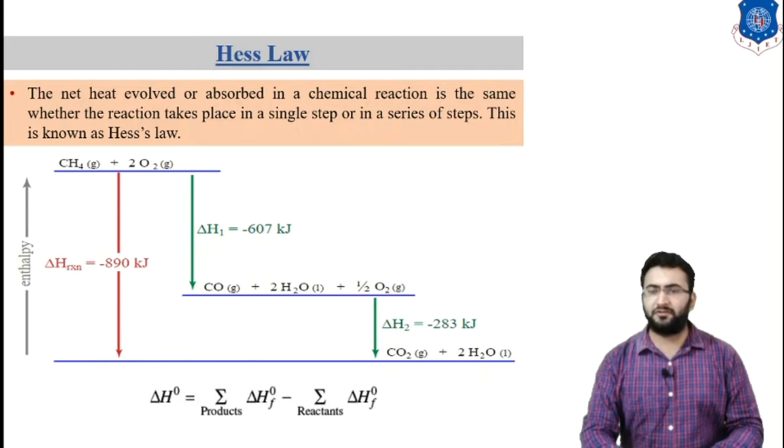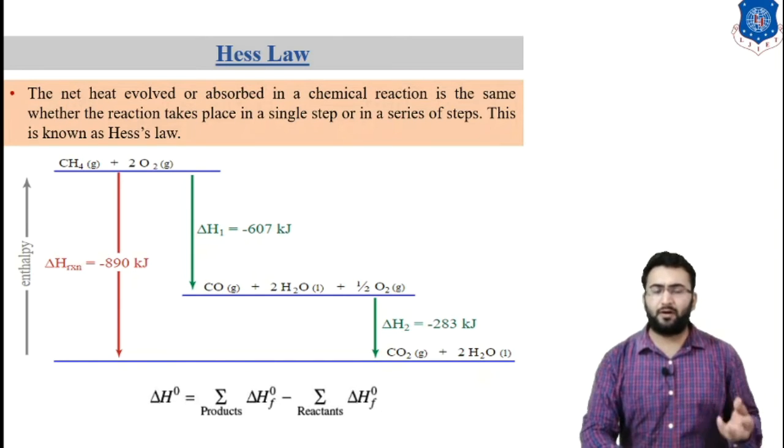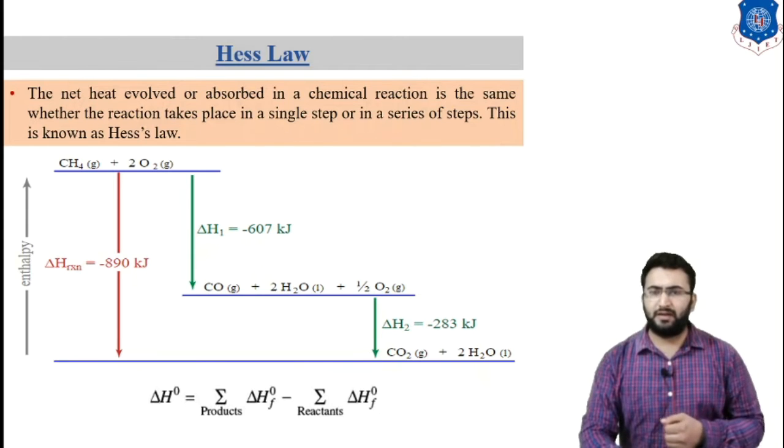The equation of Hess law is given by delta H naught equals the summation of enthalpy change or heat of formation for products minus the summation of enthalpy change or heat of formation of the reactants. This is the basic equation for heat of reaction or heat of formation, which we already studied in the previous lecture.